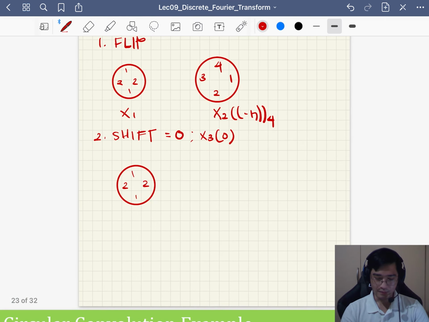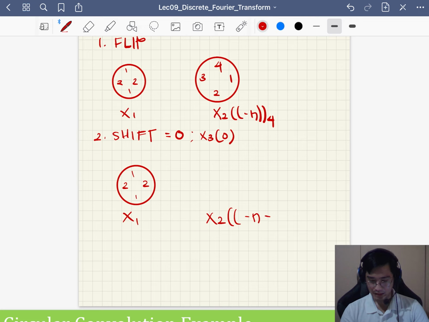And then x2 of minus n minus, let's say, n sub 0, where n sub 0 is the amount of shift. n sub 0 is in this case 0, so we just copy. 1, 4, 3, 2, and then multiply.